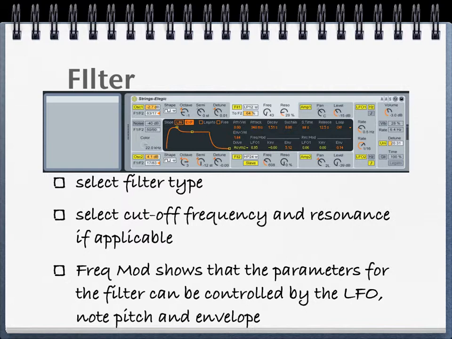So when you look in the middle of the screen at Freq Mod, you see 3 items and decimal numbers. You can change those to affect how the LFO key and the envelope will change the cutoff frequency. Also, you can change the resonance frequency using those same 3 items.